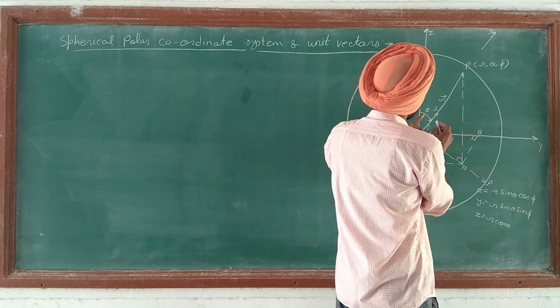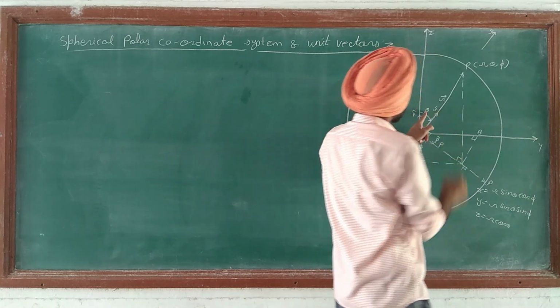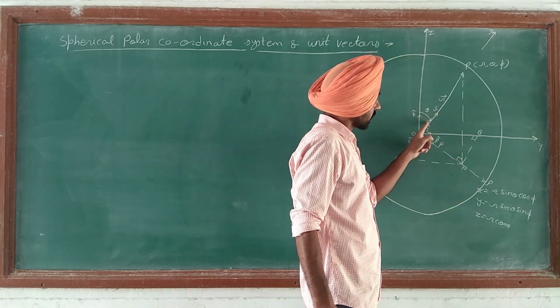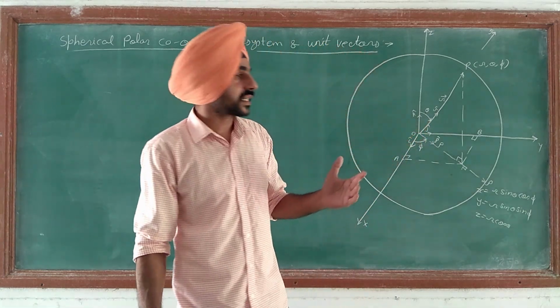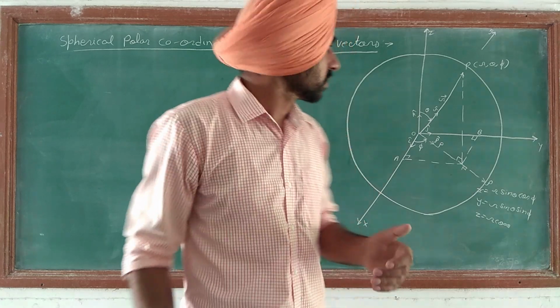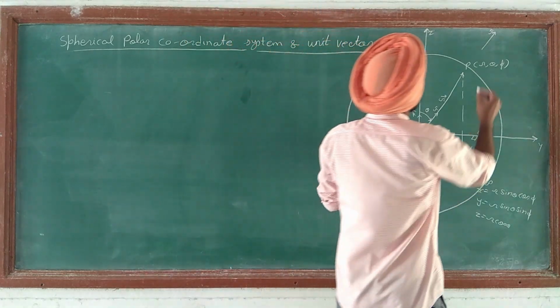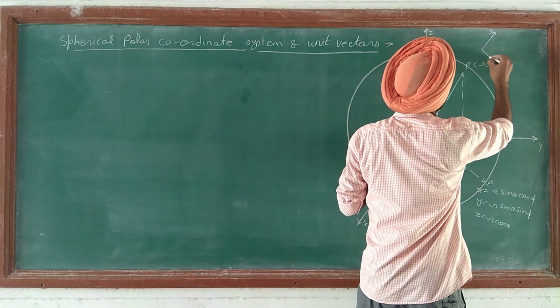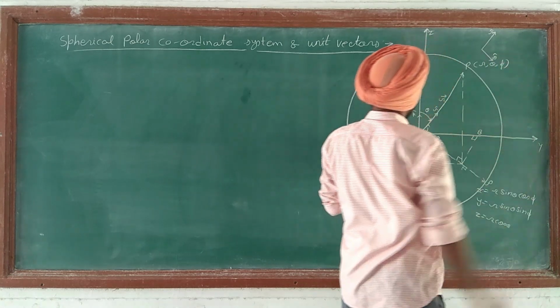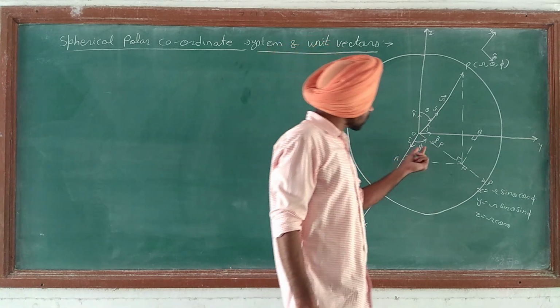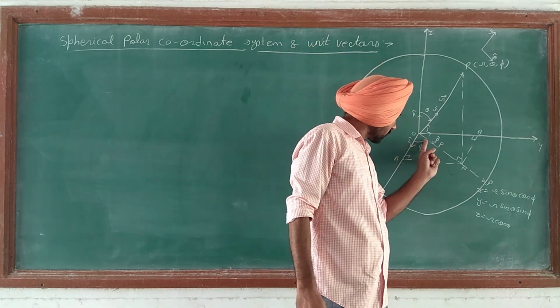And we already discussed that theta cap is the unit vector in the increasing direction of theta, since the property of unit vectors is that they are mutually perpendicular to each other. So theta cap is drawn like this. This is unit vector theta cap. Now phi cap is in the increasing direction of phi.